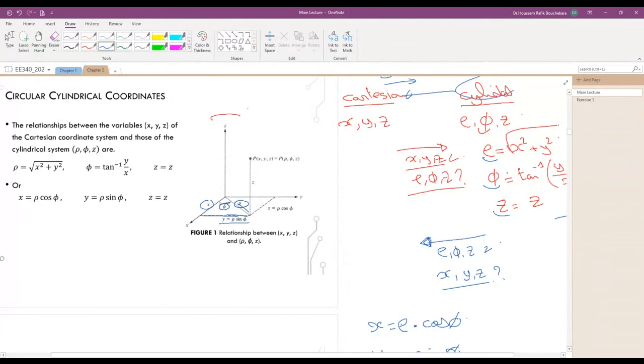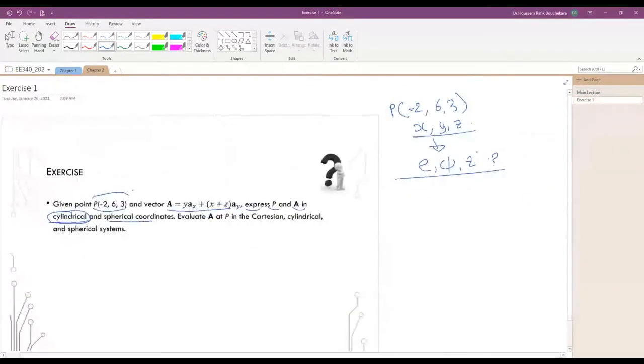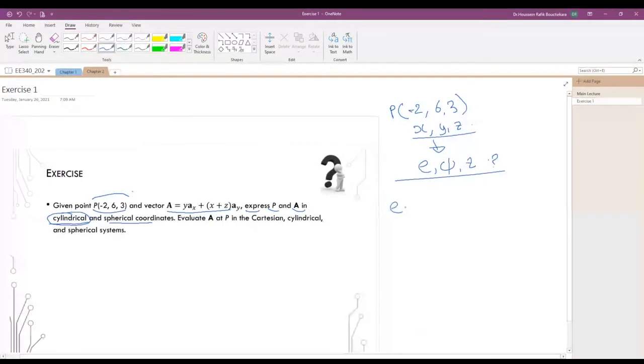Rho is equal to the square root of X squared plus Y squared. Phi is equal to tan inverse of y over x, and Z is equal to Z. Let me repeat here. We said rho is equal to the square root of X squared plus Y squared, so it is equal to the square root of 4 plus 36.